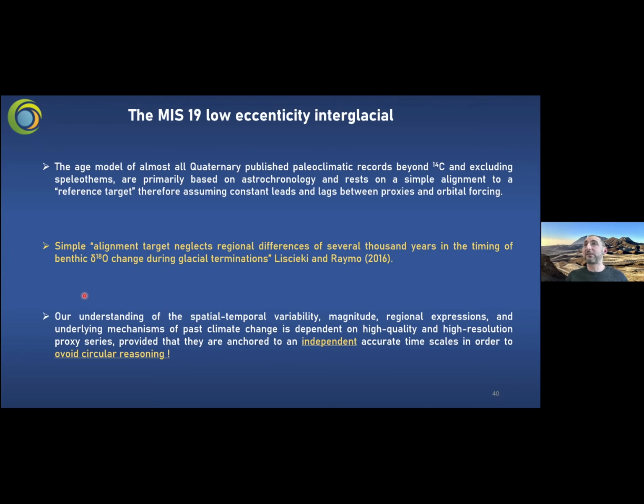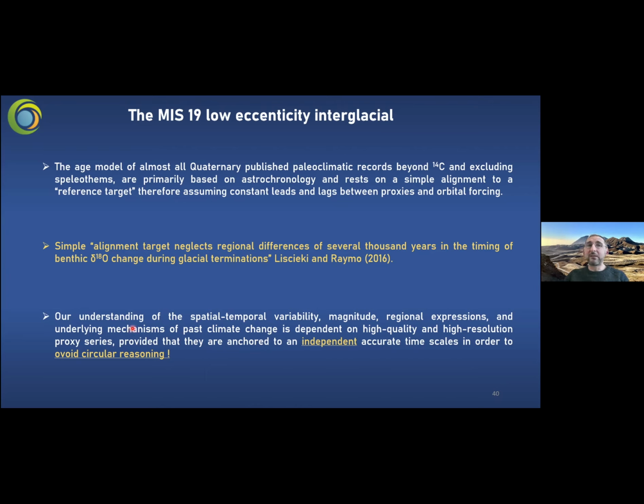So they rest on simple alignment to a reference target. They assume constant leads and lags between proxies and orbital forcing. In 2016, Lisiecki and Raymo said, simple alignment targets neglect regional differences of several thousands of years in the timing of benthic delta 18O changes during glacial termination, for instance.